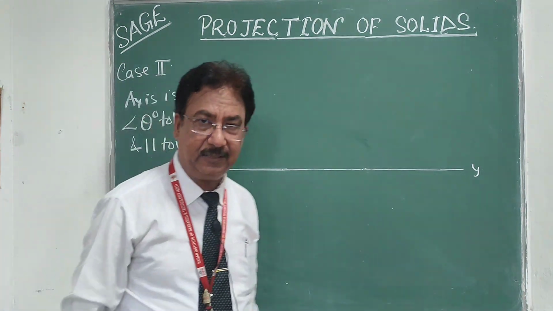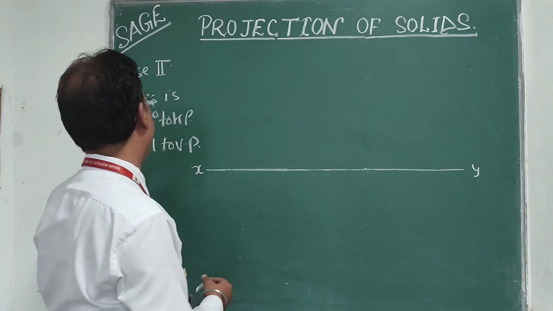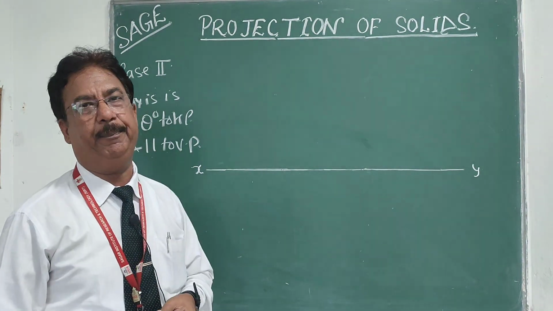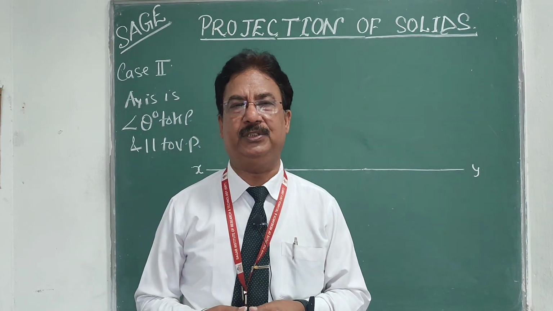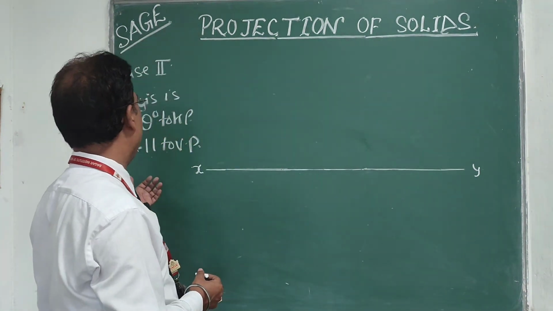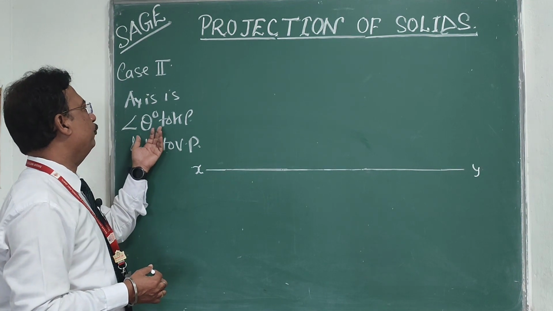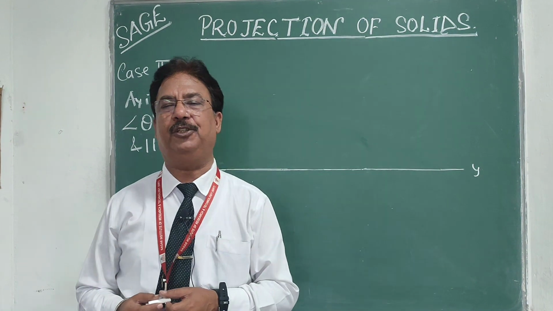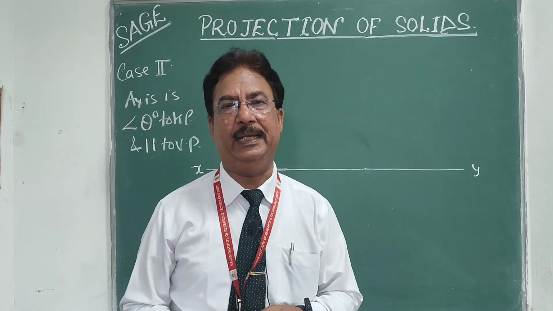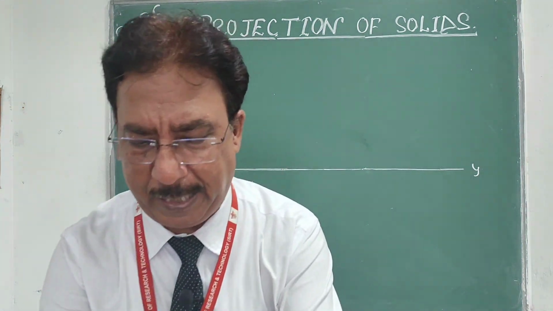As we discussed earlier, whenever the axis is inclined to one reference plane and parallel to the other, we solve the problem in two steps. In the initial stage, we make the axis perpendicular to the plane to which we want it inclined. As the axis will be inclined to HP, the initial step is to keep the axis perpendicular to HP.